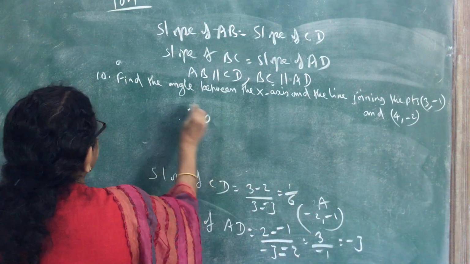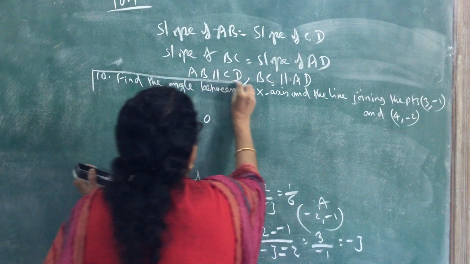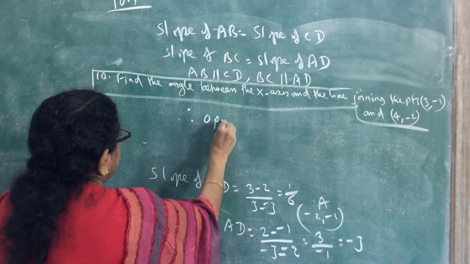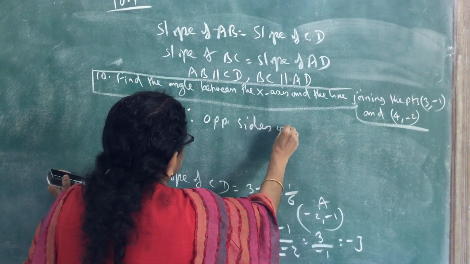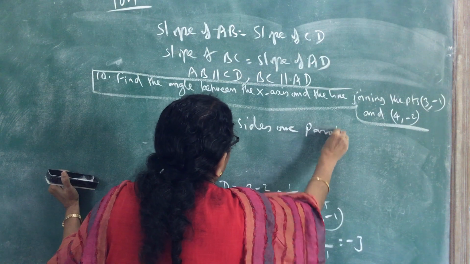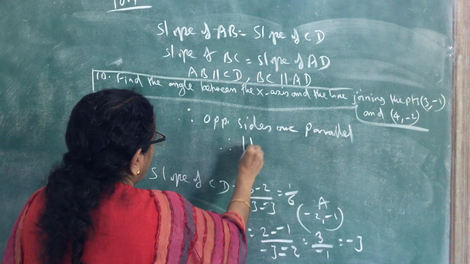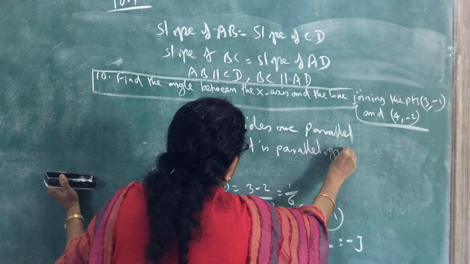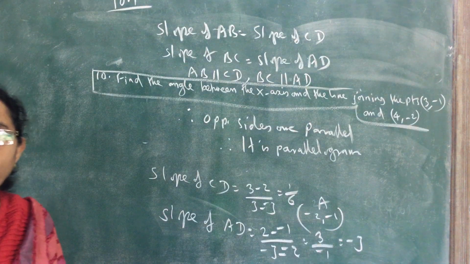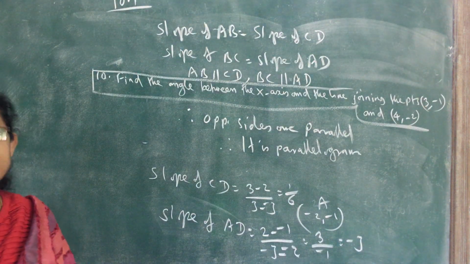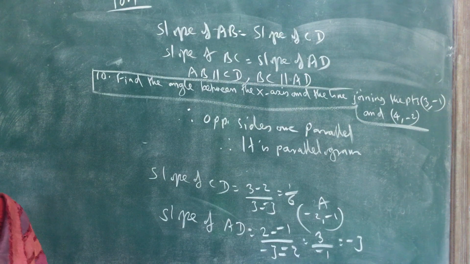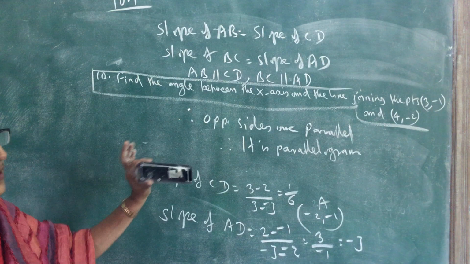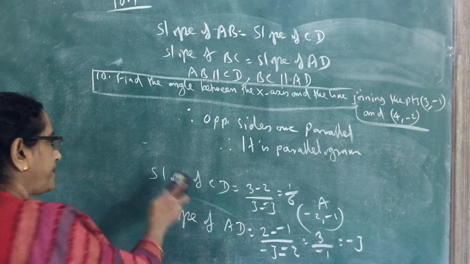So, to prove it is a parallelogram, it is enough to prove that both pairs of opposite sides are parallel. So, we proved both pairs of opposite sides are parallel. Therefore, it is a parallelogram.